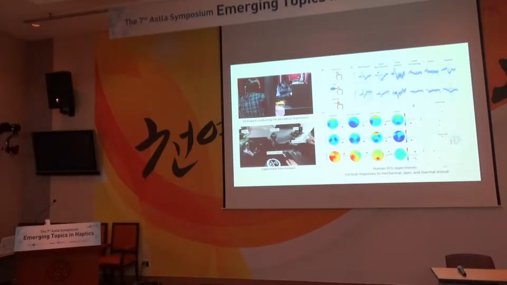We also gathered data from the mechanical wave and thermal stimulation, to compare this laser stimulation and the mechanical one. These are the human brain signals from electroencephalography, and for the mechanical wave, the wave is here, and the non-painful laser shows a similar tendency. So the human participants feel it as a mechanical tap.